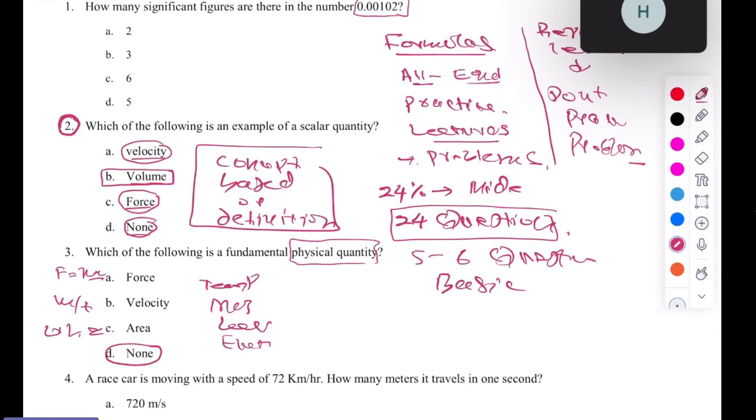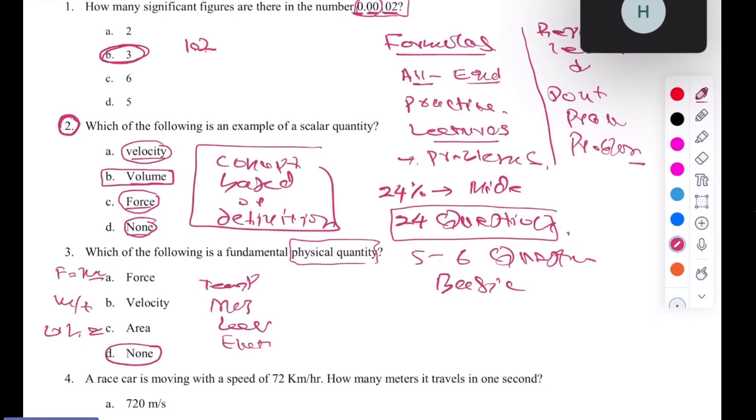If you know the rules of significant figures, the zero before the point is not a significant figure, and these zeros are not significant figures as well. So these three numbers could be significant figures. 102 has how many significant figures? 1, 2, and 3. So here we have three significant figures.